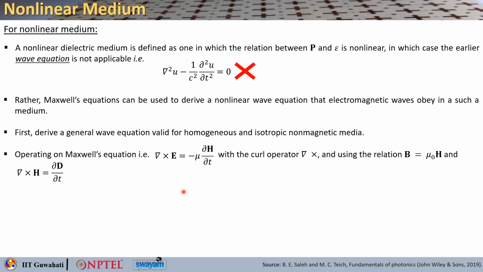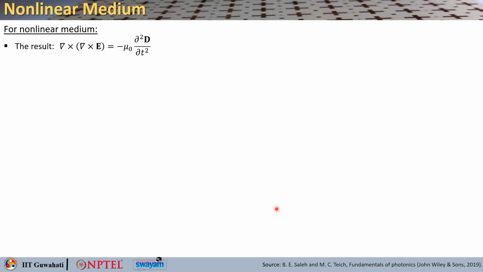Operating on Maxwell's equation, curl of E equals minus mu dou H dou t, with the curl operator, and using the relation B equals mu naught H and curl of H equals dou D dou t, you can write curl curl of E equals minus mu naught dou square D dou t square. So, you are taking curl of this, and from curl of H you are putting this D.